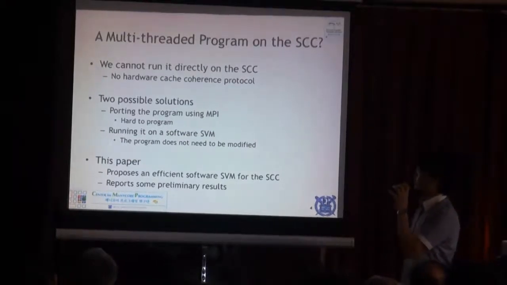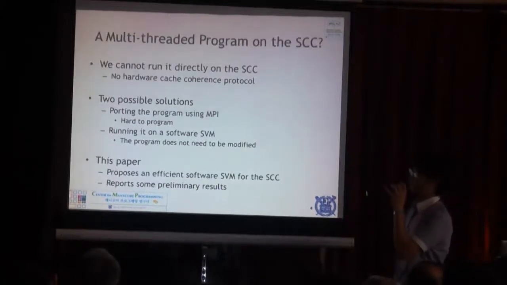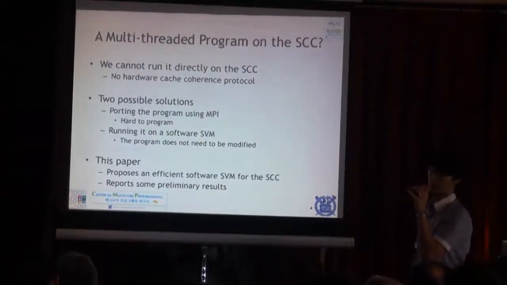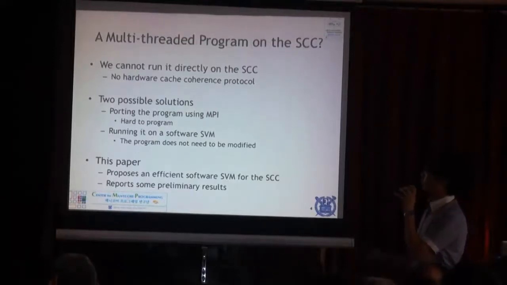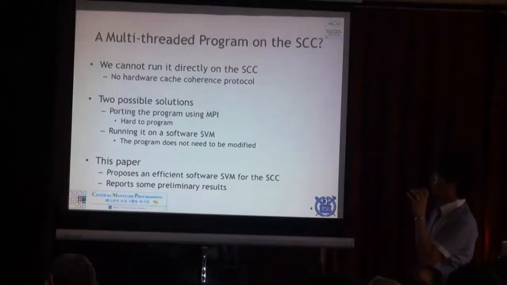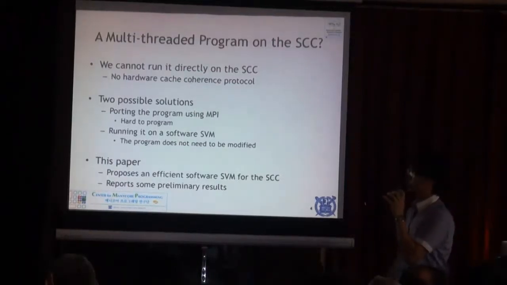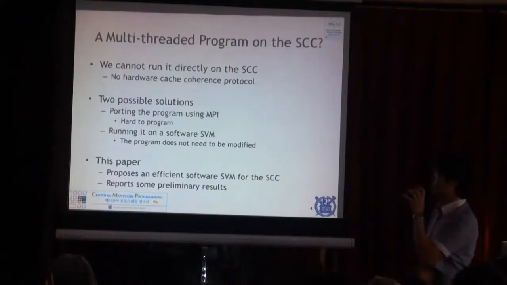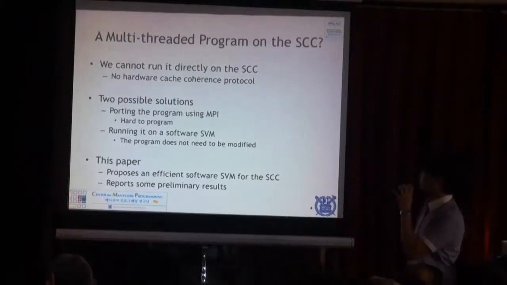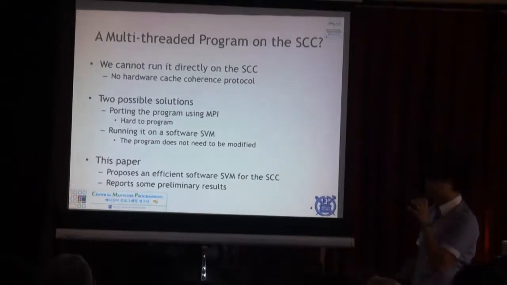The first one is rewriting the program using MPI, the message passing interface. But it is hard to program and requires lots of effort. So we can think of a second solution, running it on a software SVM. In this case, the program does not need to be modified. So in this paper, we propose an efficient software shared virtual memory for the single-chip cloud computer and report some preliminary results.